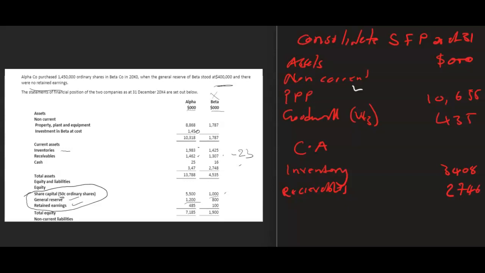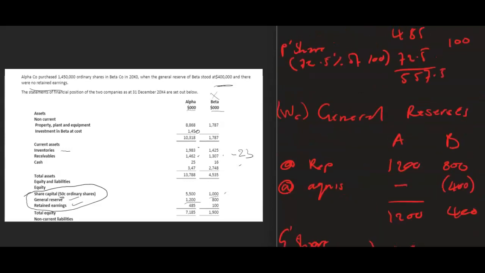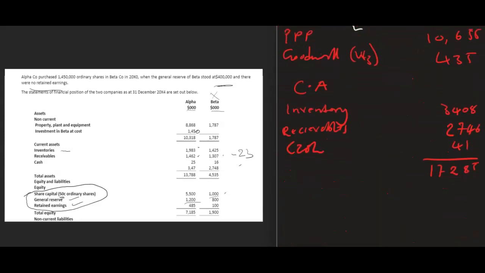Okay, then cash, nothing changes on our cash, so we're just going to add those two, 25 and 16, so we'll have 41. Okay, so we can add the totals of this. The totals are 27,285. All right.